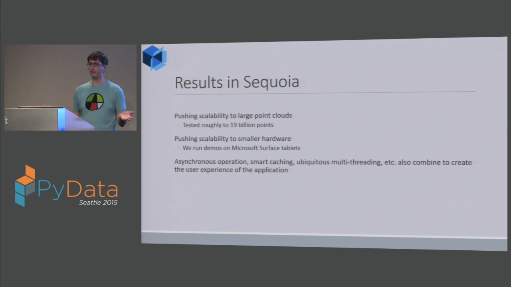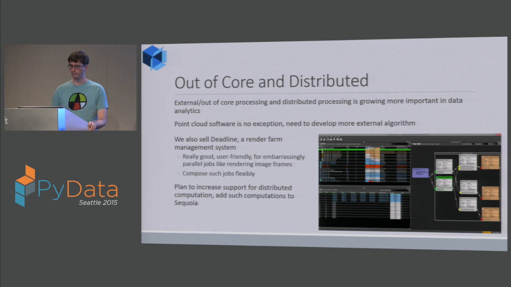This is, of course, only a small part of how you build a robust point cloud system. We've also got a lot of asynchronous processing, so you can keep interacting while stuff goes on, caching, multi-threading, lots of things go into it. A direction we're working more and more towards is increasing out-of-core processing and getting distributed computing into it.